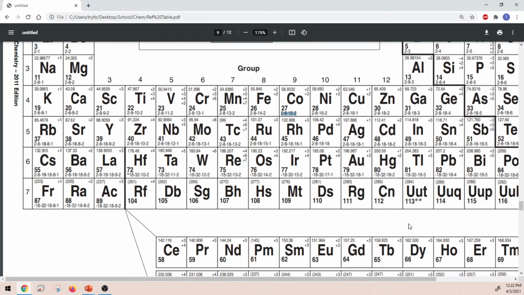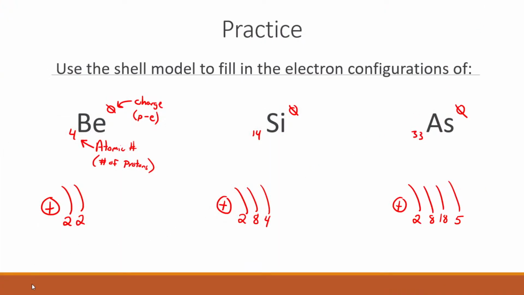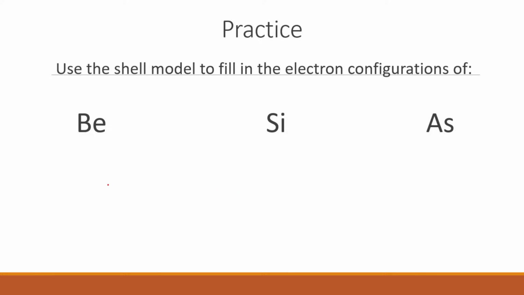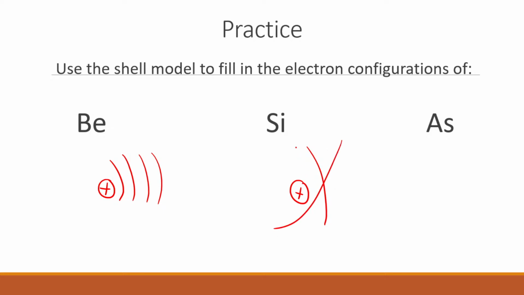And the reason for this is that Bohr's model of the atom, Bohr's picture of the atom, is not perfect. He drew his with perfect concentric circles. But in reality, the shells overlap.